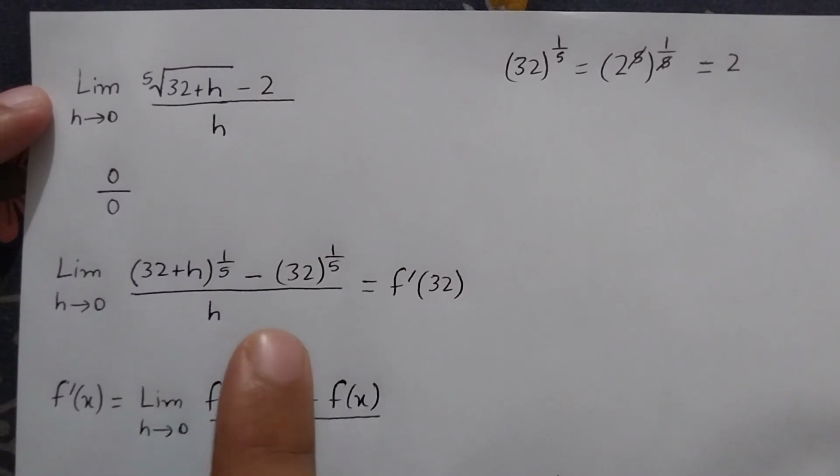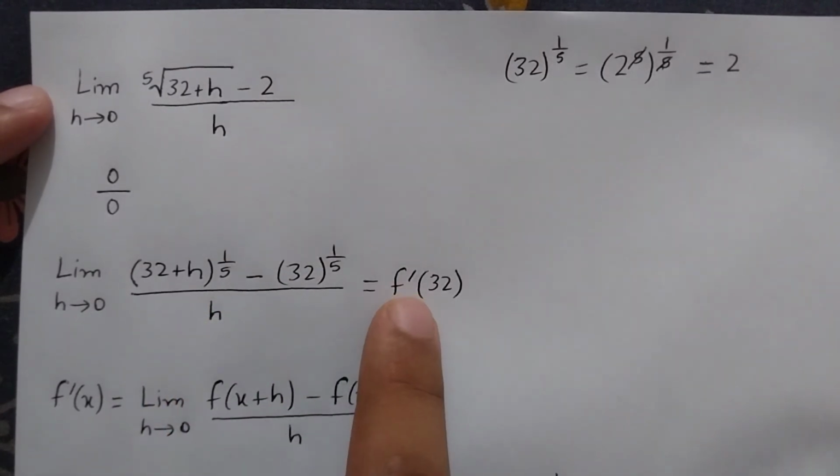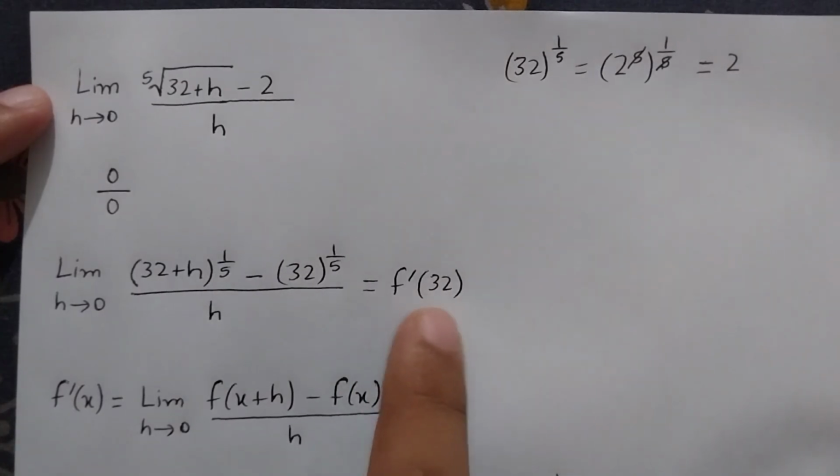So we have found the function f of x. We just need to take the derivative of it because our required limit involves a derivative, and after taking the derivative of f of x, we'll put x equal to 32 in that.